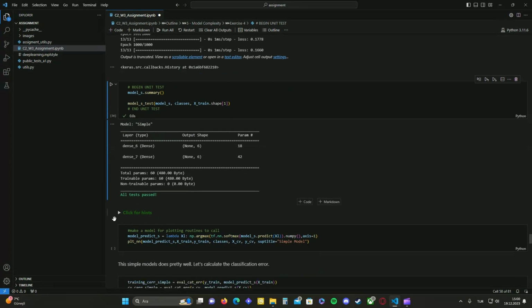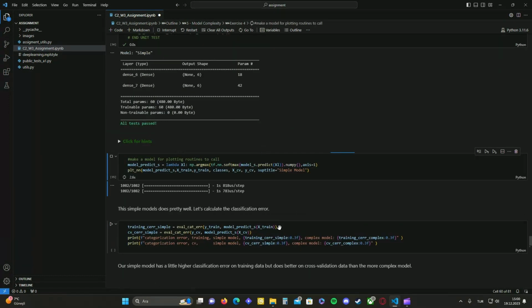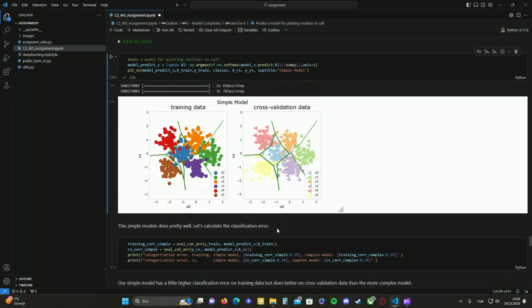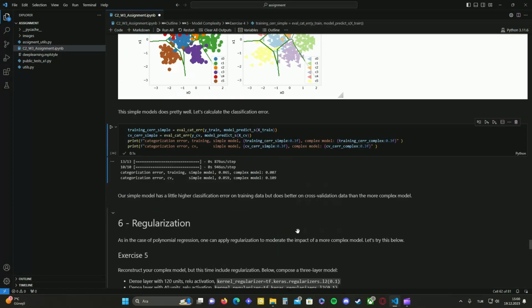All tests passed. Let's see the model. This simple model is pretty good. Let's calculate the classification error. In the simple model, 0.065 and 0.007.